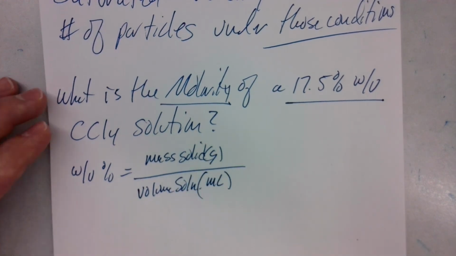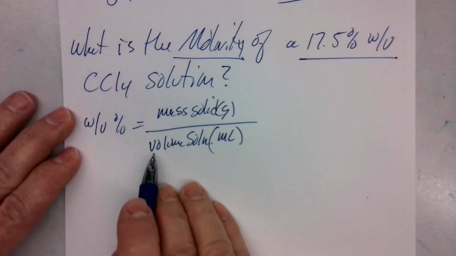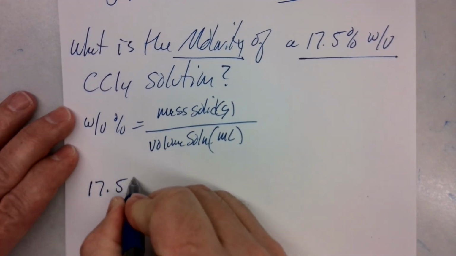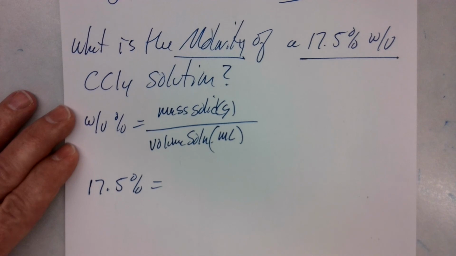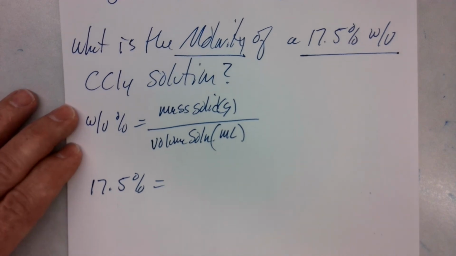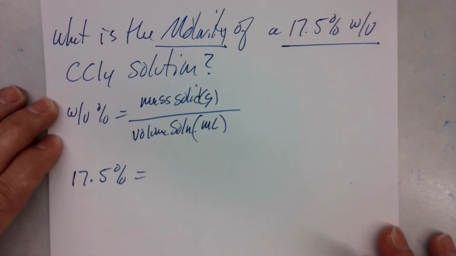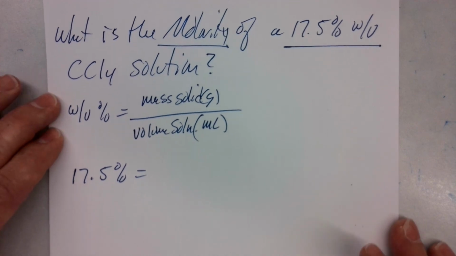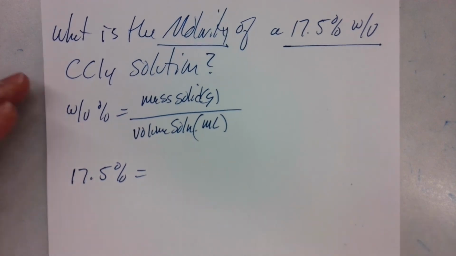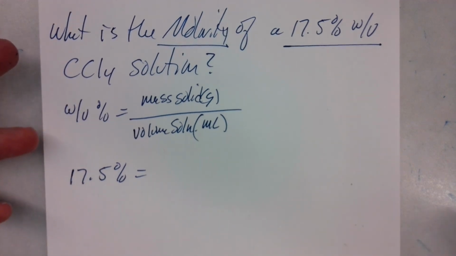Now, so they gave me this, so I've got 17.5% equals, well, what's wrong with that? Can I solve that? No. I can't. It could be literally any value.